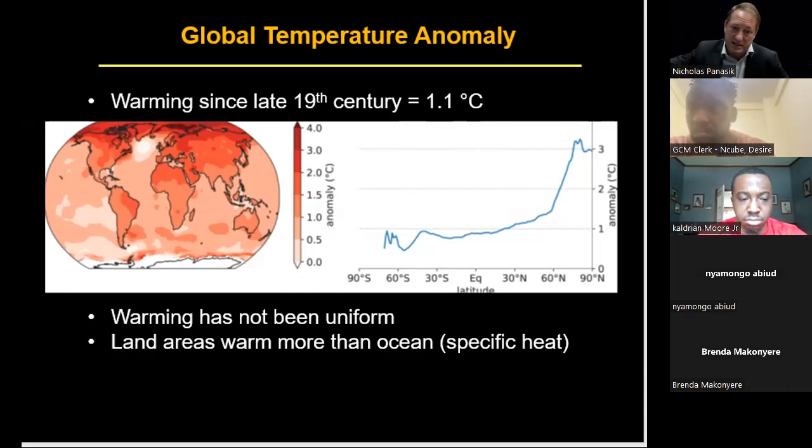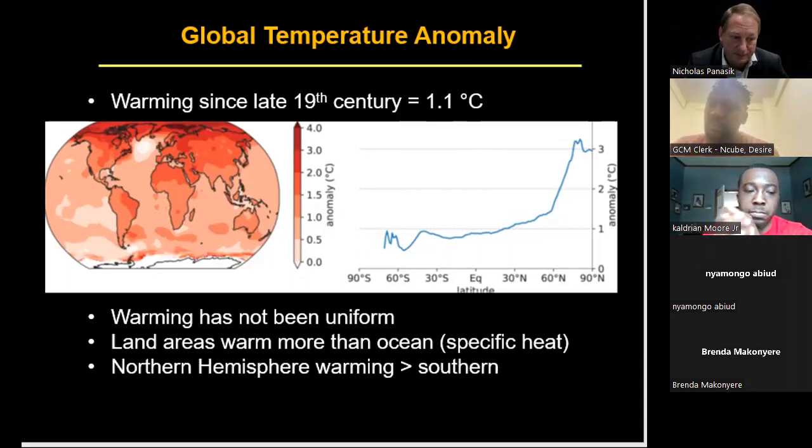And so you can put a lot of heat into the ocean and its temperature will rise slightly. That's not true on land, where you have a lot more absorption of that energy. And so we see a lot more heating in the northern hemisphere. Warming is greater than in the southern hemisphere.